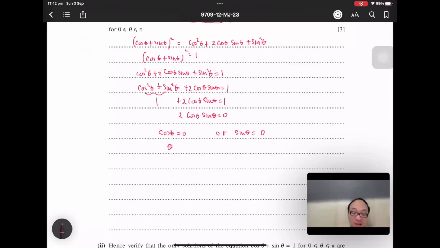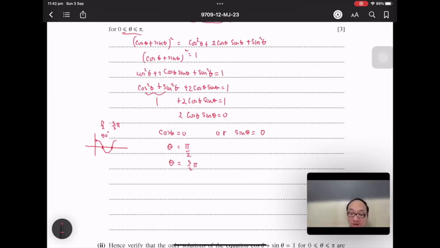Cos theta is 0: if we draw cos theta, it starts from maximum and it's 0 at 90 degrees. In this case, in radians, it's pi over 2 and 3 over 2 pi. Those are the zeros. So theta is pi over 2 or theta is 3 over 2 pi.